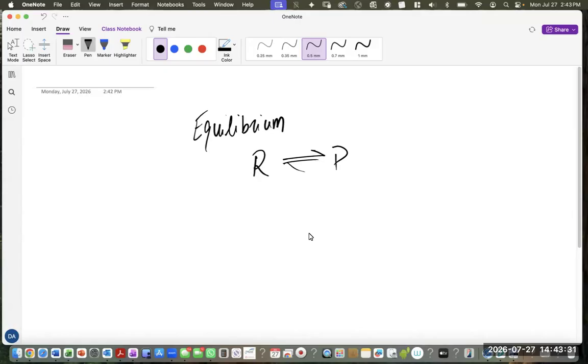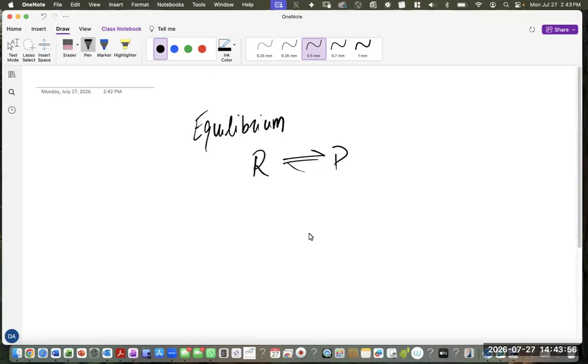Equilibrium does not mean that you have equal ratios or equal amounts of product and reactant at the end of the reaction, or at equilibrium, basically. How much more product or how much more reactant you would have in the reaction depends on the K value. That's what we discussed in the last video. So what we're going to discuss now is how we can affect the equilibrium.